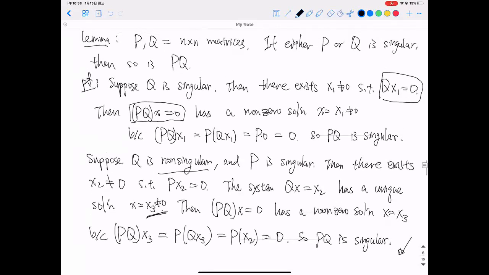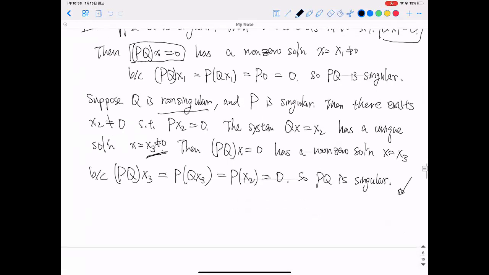Now, with this lemma in hand, and we'll come back to using it later, we can now state the following theorem, which says that for an n by n matrix A, A is non-singular if and only if it's invertible.